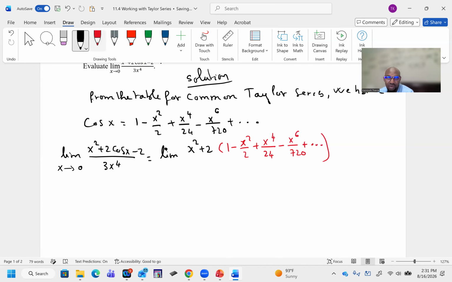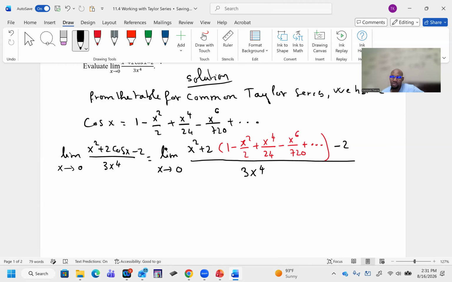And then let's not forget this minus 2. And everything will be divided by 3 times x to the power of 4 as x approaches 0.